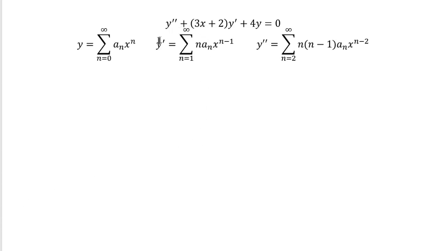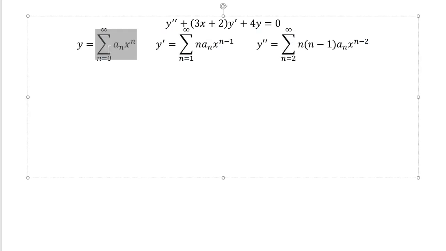First, what you want to do is start with this power series. You have y as a0 plus a1x plus a2x squared and so on. That can be written this way. And what's really important is that you should be able to go back and forth between this sigma notation and the actual form.